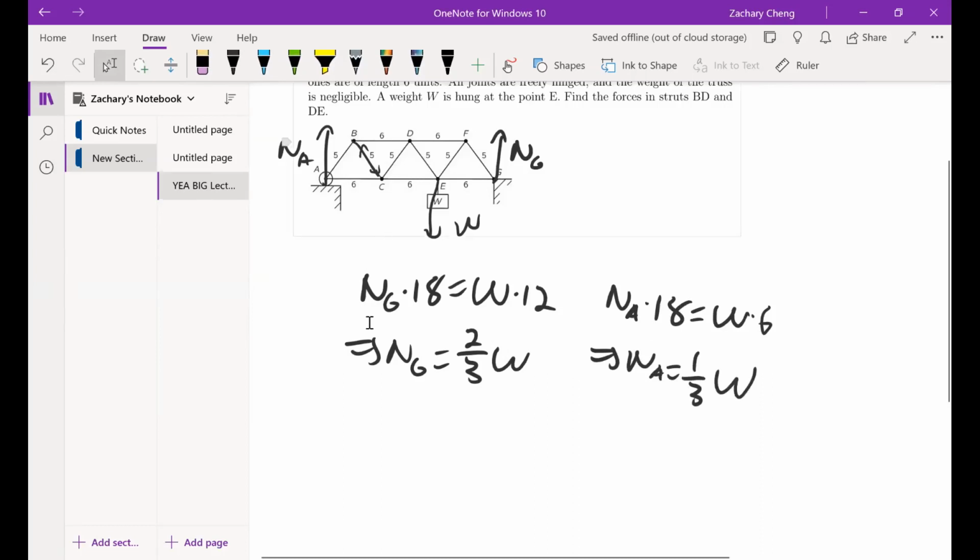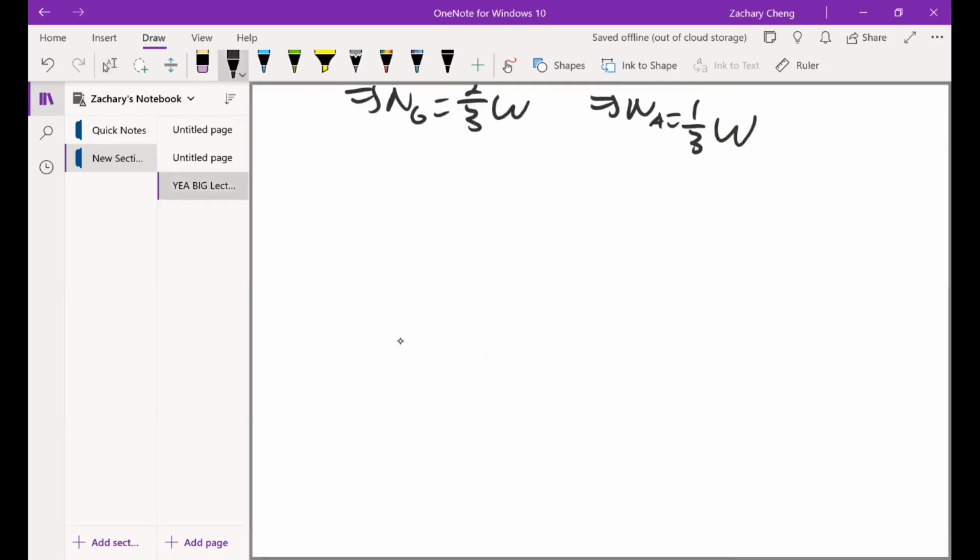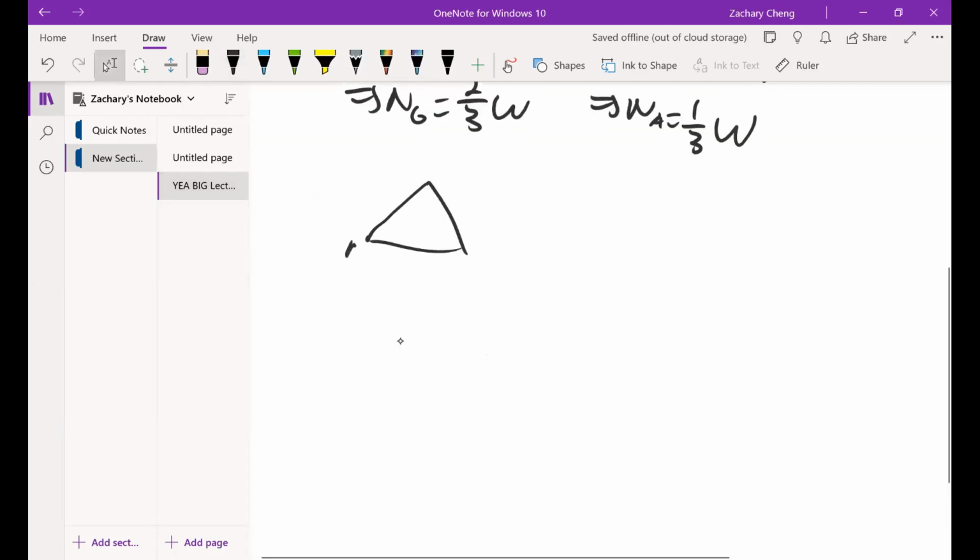Okay, now we want to find the forces in BD and DE. So what we do is we take parts of this system and look at them individually. So first, let's look at this small triangle ABC here, and I'll draw it again here, ABC.